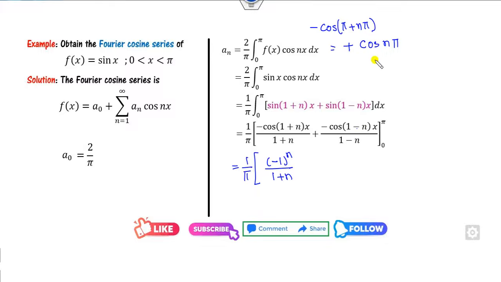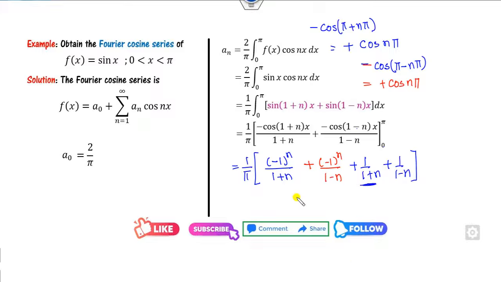Similarly, if you substitute this number, it is minus cos (pi minus n pi). It lies in my second quadrant. Cos is negative in the second, so minus minus plus cos n pi. Again, cos n pi will be minus 1 raised to power n. Then I can substitute the 0. Cos 0 is 1 and cos 0 is 1.